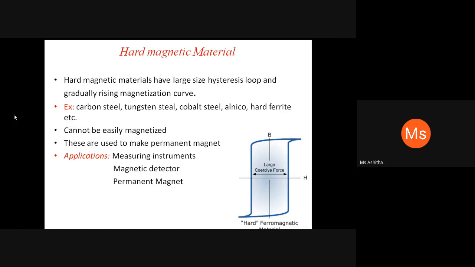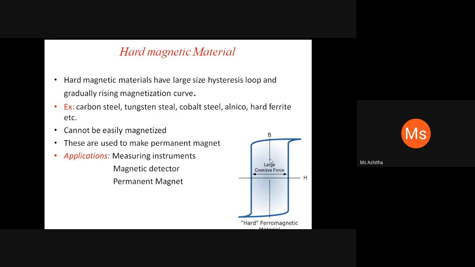Hard magnetic materials have a large hysteresis loop and a gradually rising magnetization curve. In the picture you can see the hysteresis curve having a large, wide area. That indicates a large coercive force, and a large coercive force indicates large energy consumption.